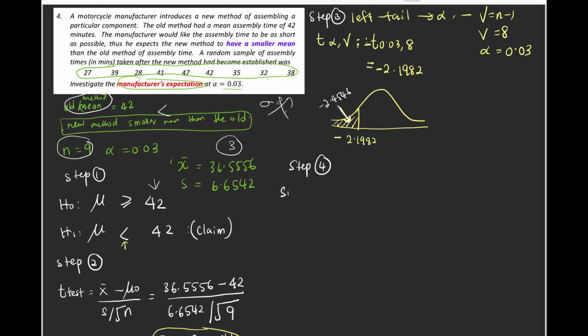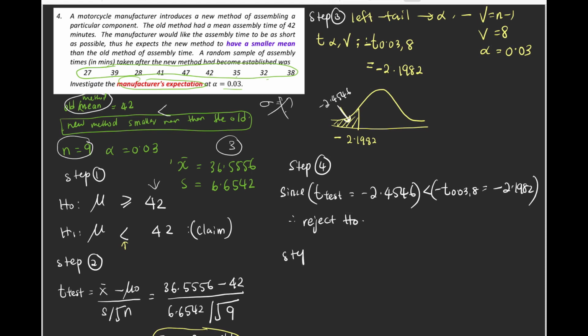So since the t-test is equal to negative 2.4546, less than negative t 0.03, 8, negative 2.1982, you have to reject H null.